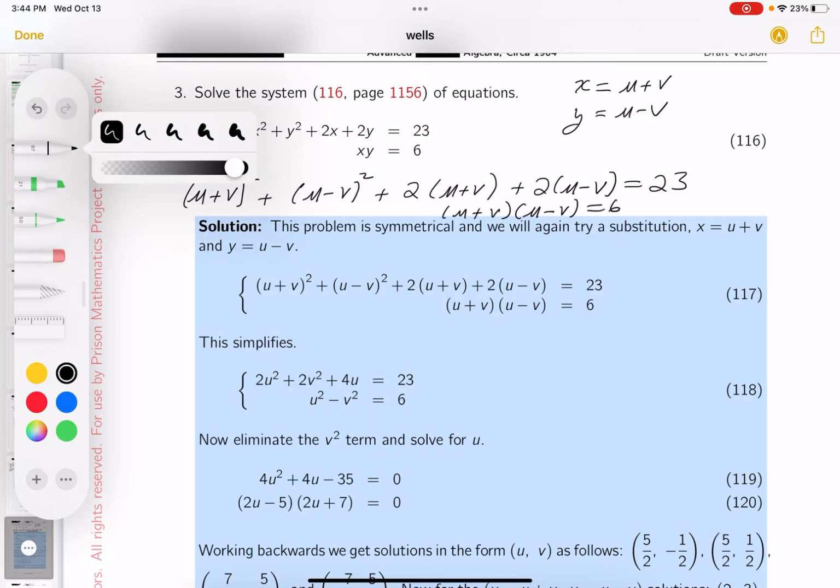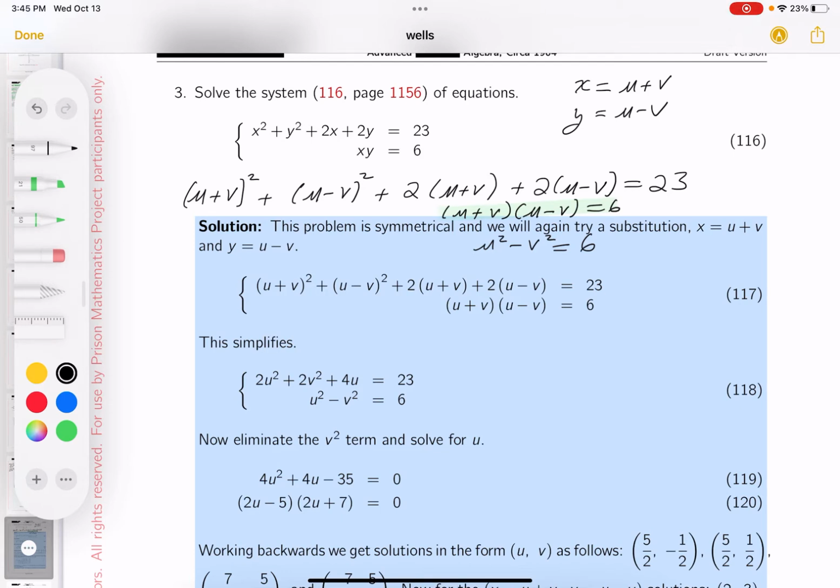I'm going to do this one first because it looks so easy. You get u squared minus v squared is equal to 6. That's not bad to come up with.